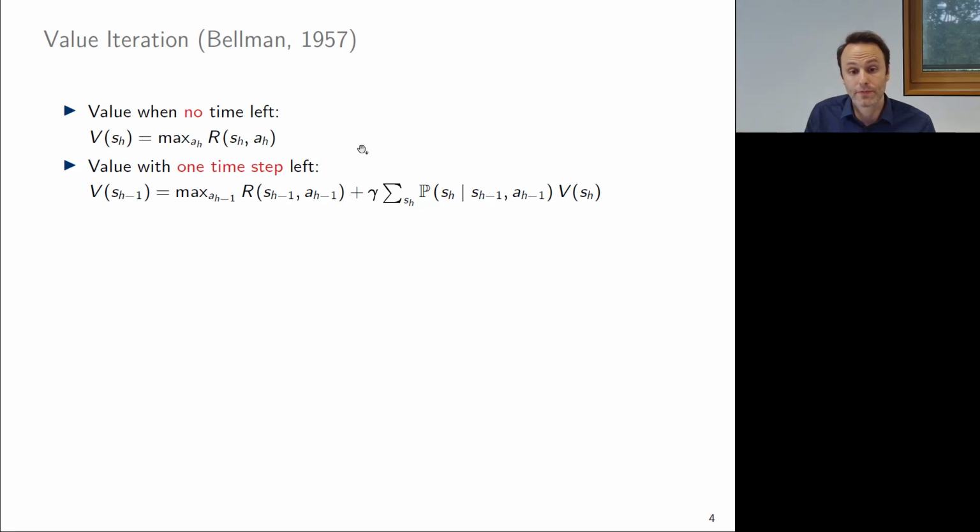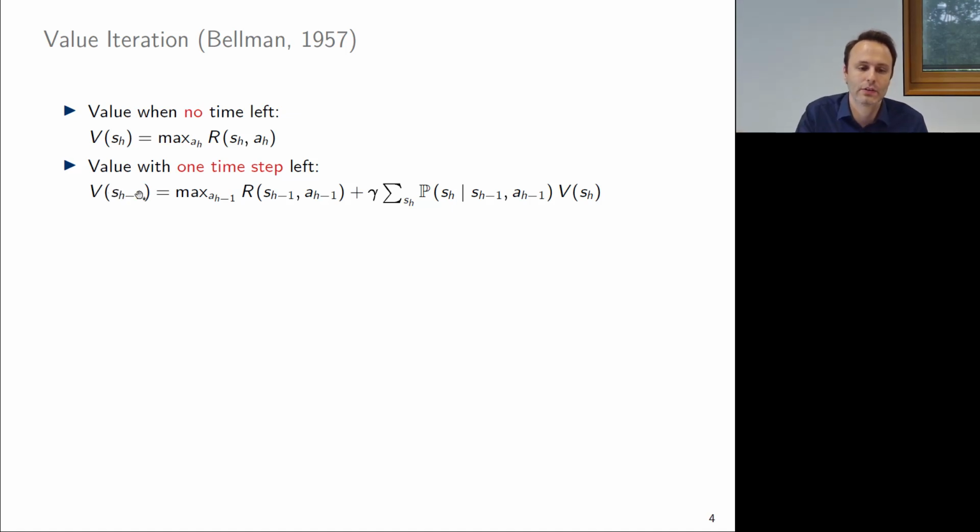Now, in the period before that, we can take the best action to collect the best rewards in that period, h minus 1, and then also take into account the discounted expected rewards in period h. So this v, the value function of the state h, is actually what we already know, so we can plug that in and solve for the value in state h minus 1.